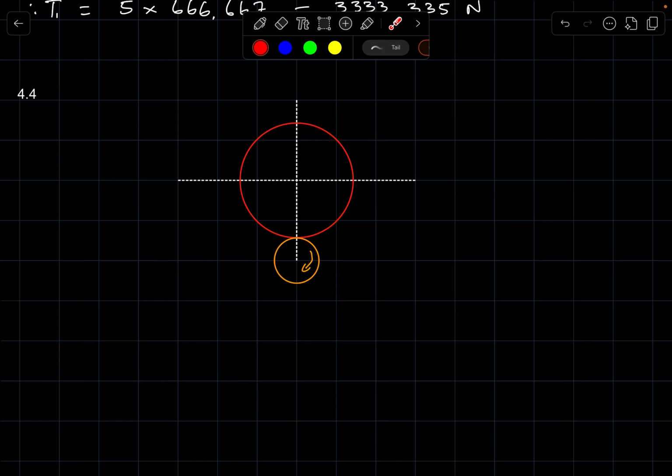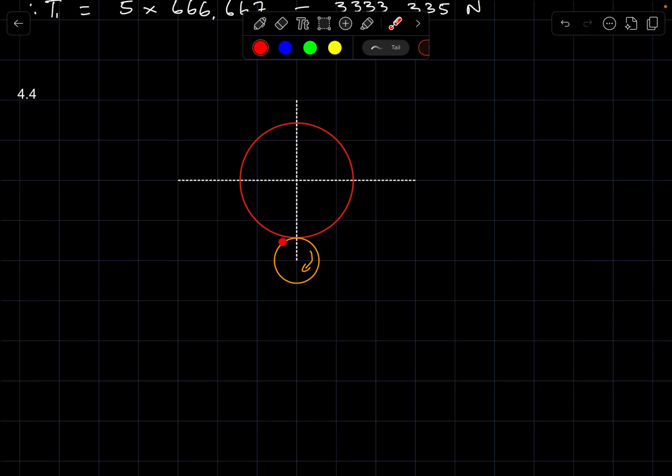Remember that tangential force is the force that has to be applied for the pinion to initiate rotation. That is why we base the direction of the tangential force on the rotational direction of the pinion.